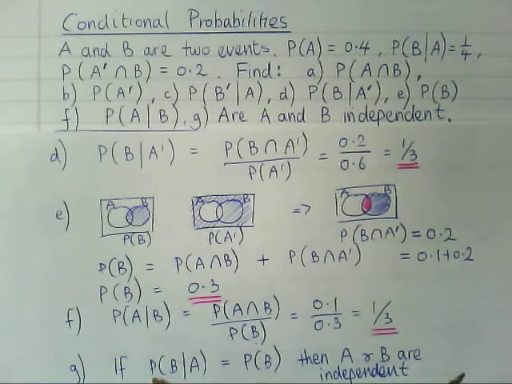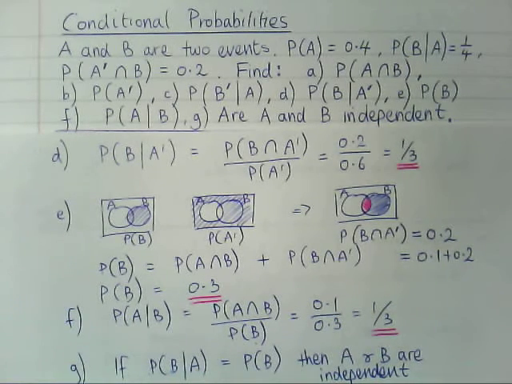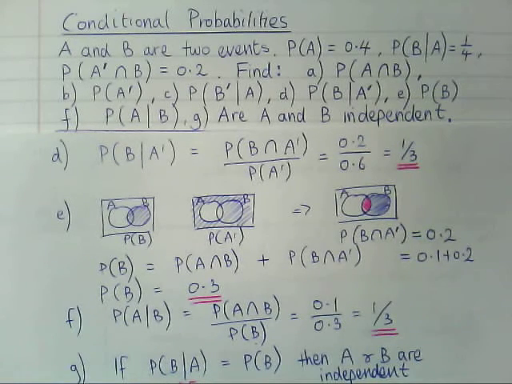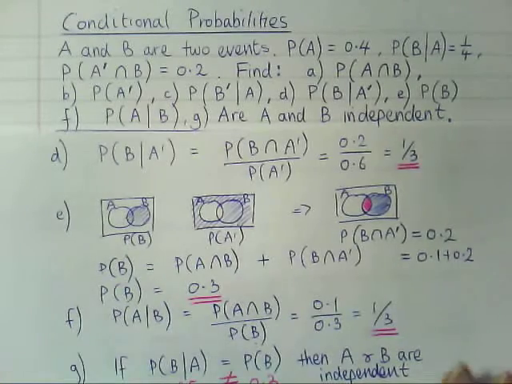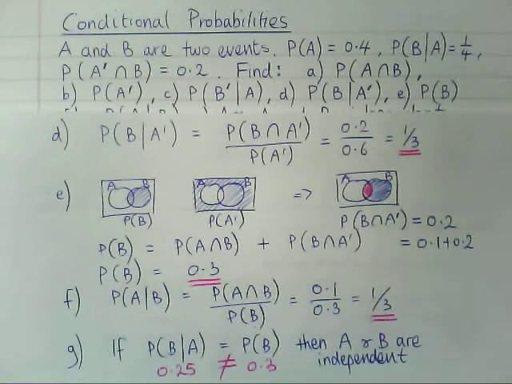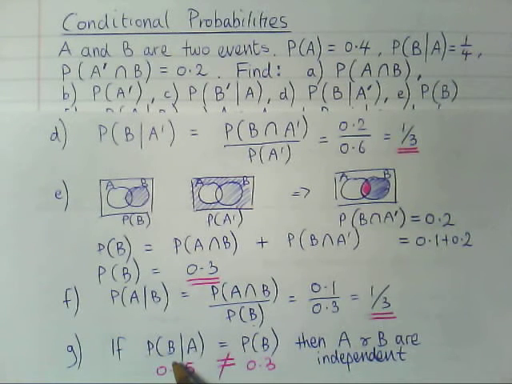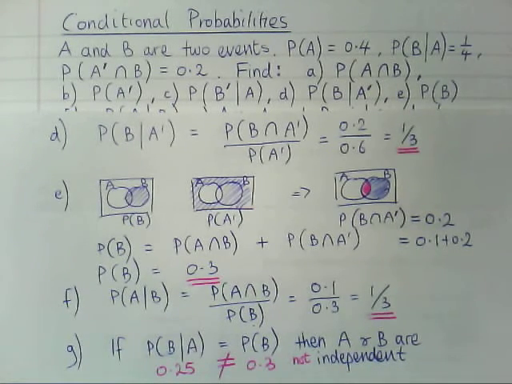However, we found that the probability of B given A has occurred is 0.25. And we already know that the probability of B is 0.3. So they are not equal to one another. And therefore we cannot say that they are independent. They are not independent. That would be the solution.